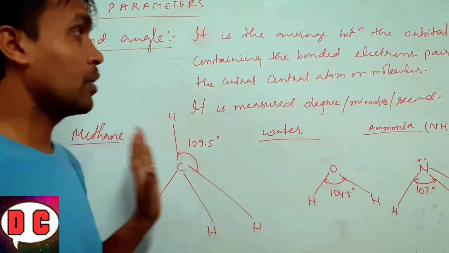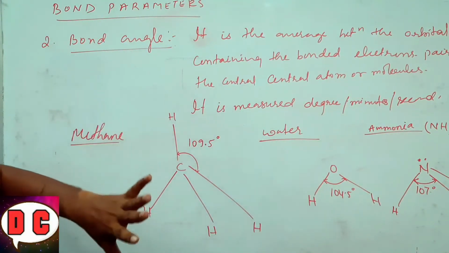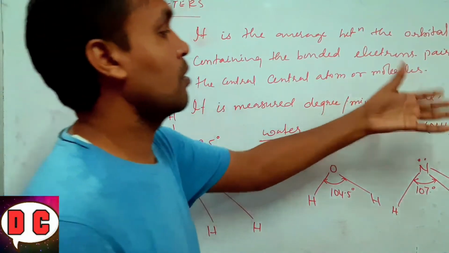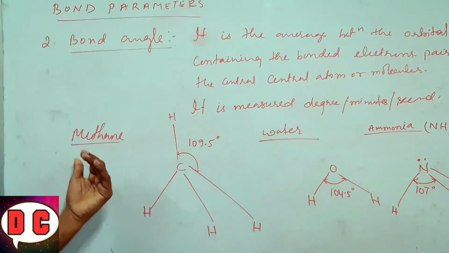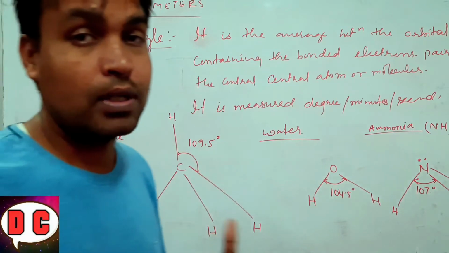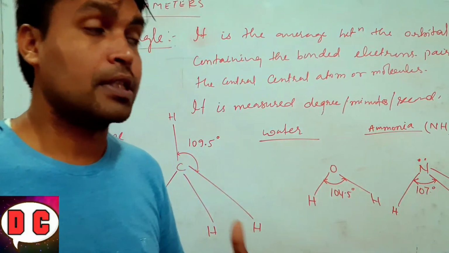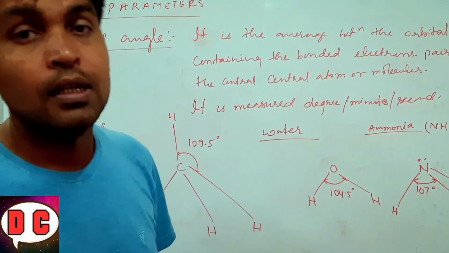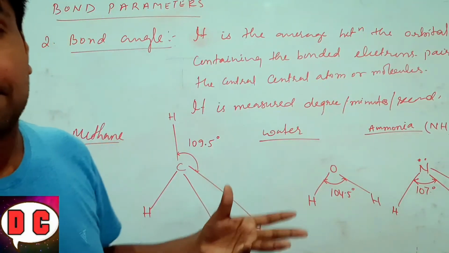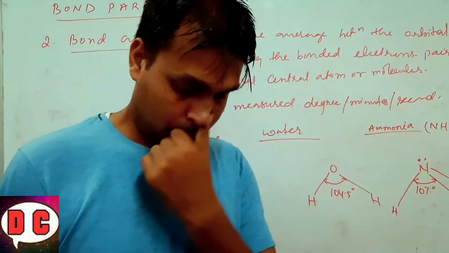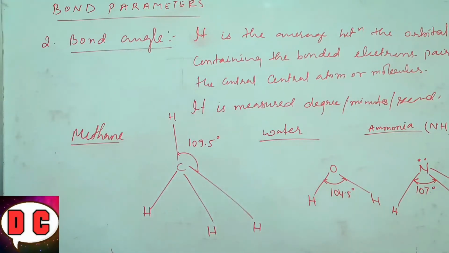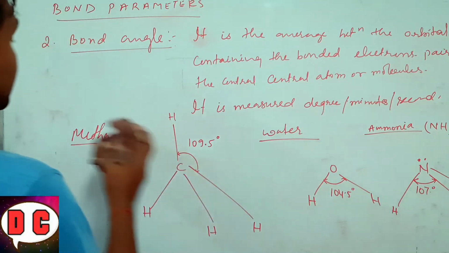The unit of bond angle is degrees, minutes or seconds, and it gives us information about the structure of the particular compounds or molecules. I hope it is clear, students. Now you can pause the video and take it down.